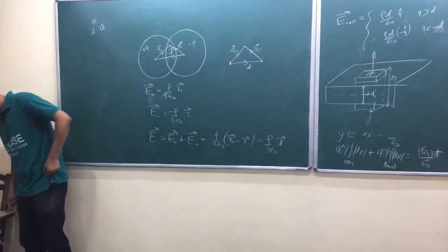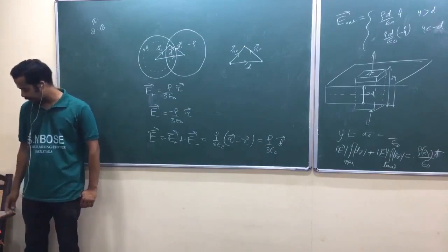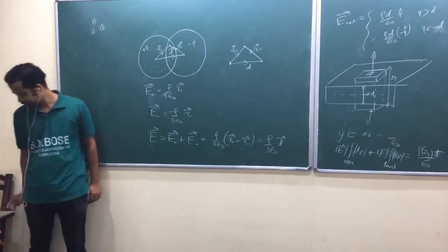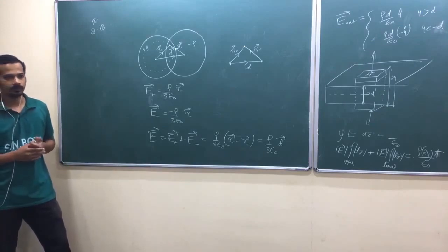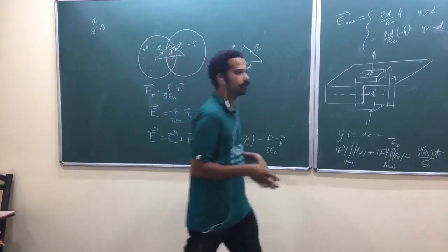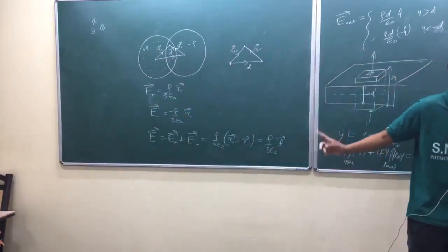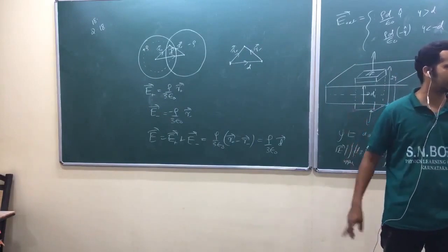Read the question. Show that the electric field in the region of overlap is constant and find its value. Yeah, this is one way of writing the electric field due to uniformly charged solid sphere in terms of charge density. The other way is writing in terms of total charge also, isn't it?